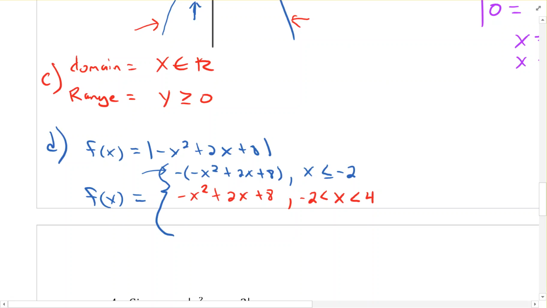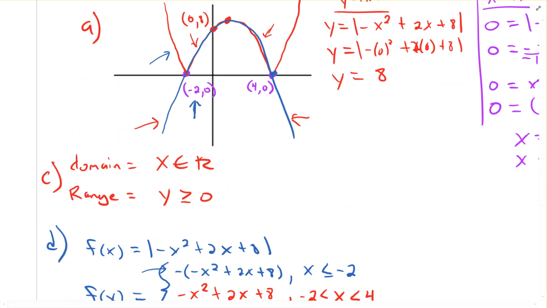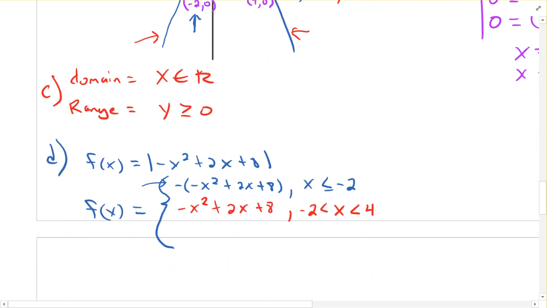Now the last section is when we flip it again. When everything is greater than 4, we flipped it upside down. In order to flip it, we took the negative of it. So negative x squared plus 2x plus 8 when x is greater than or equal to 4.